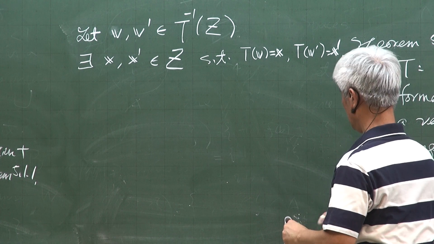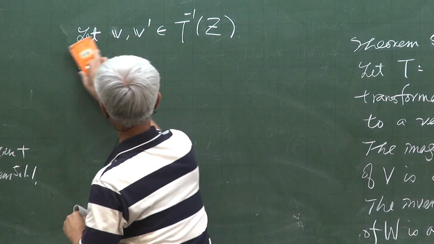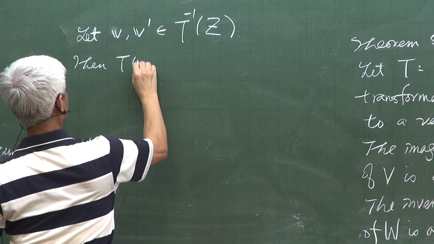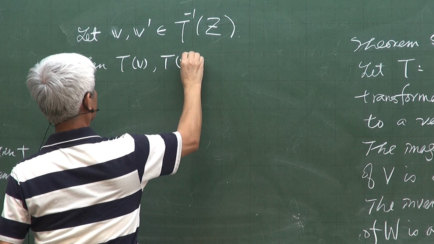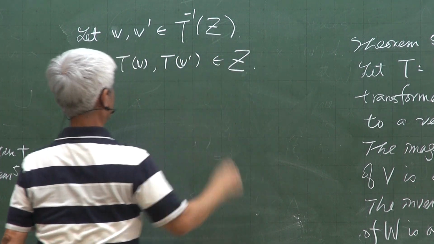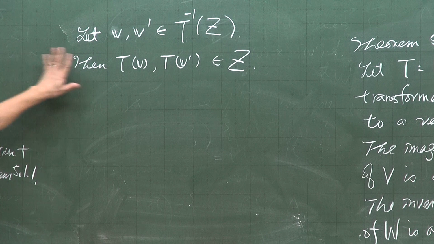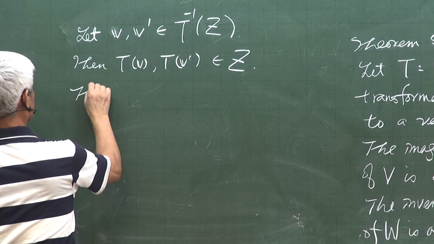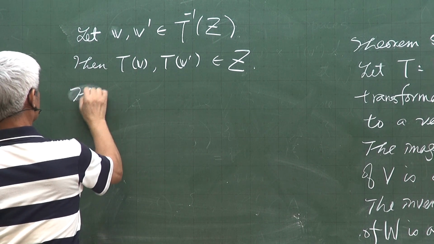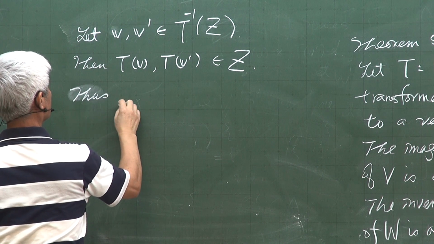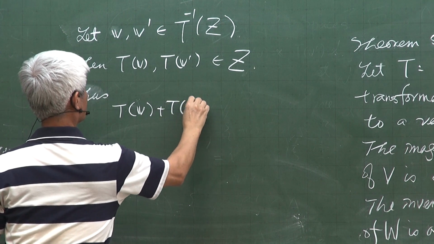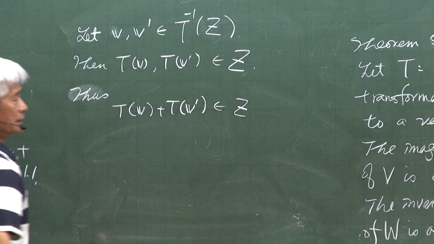Then TV and TV prime must be in Z. So their images should be in Z. This is the definition of inverse image. So then, lastly, we have TV plus TV prime is in Z because Z is a subspace.